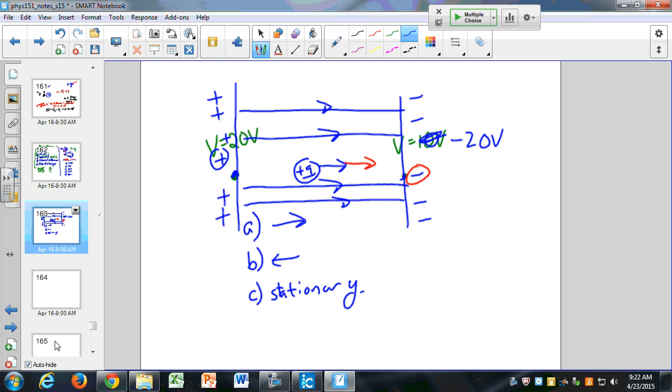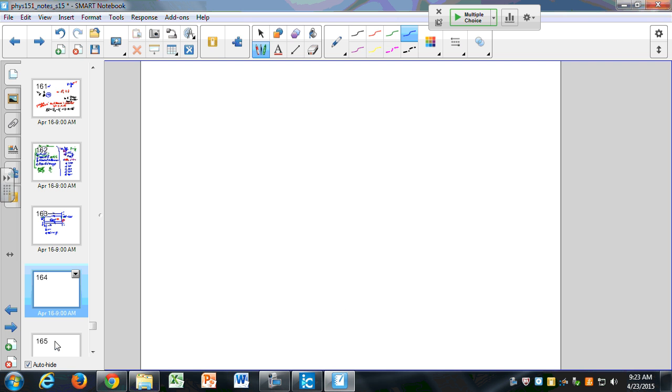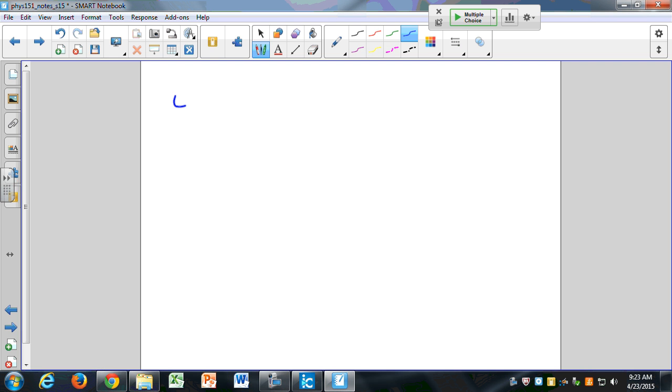No, the thing is with negative charges, it's a little bit different, because if I put a negative charge here, it's going to move to the left. All right. So that sort of ties in with this topic: electric potential difference and potential energy.